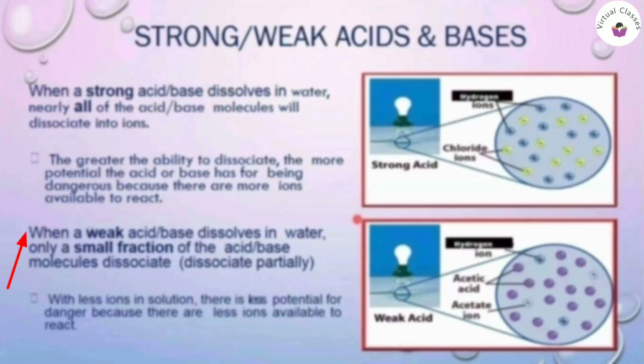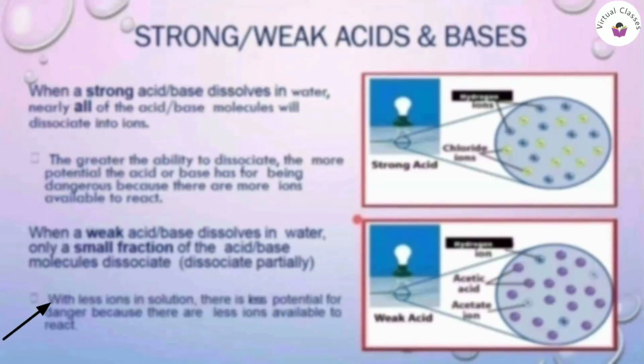While when a weak acid or base dissolves in water, only a small fraction of the acid or base molecules dissociate, or they dissociate partially. Acetic acid is an example of a weak acid, so you can see in the figure only a few of the hydrogen and acetate ions have separated.